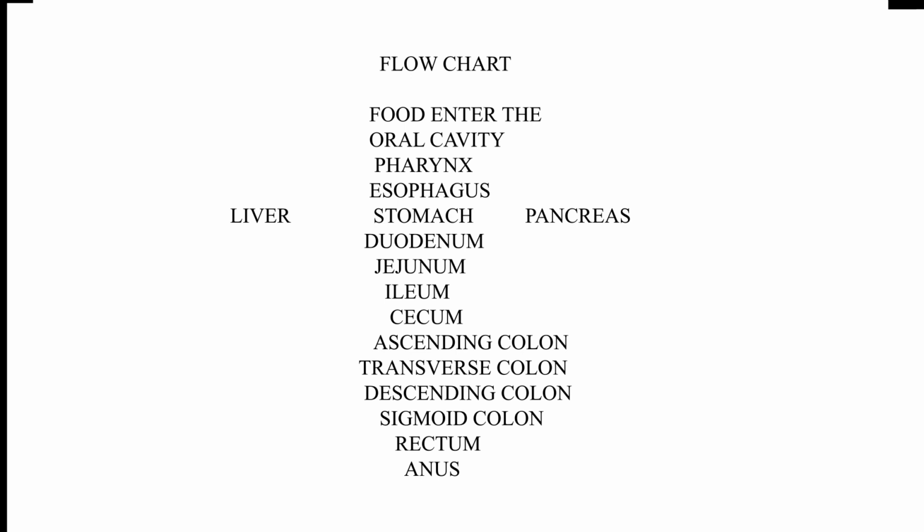From there, it enters the esophagus, stomach, and duodenum, where at the duodenum, the liver and gallbladder release bile, and the pancreas releases pancreatic juice, and then the food enters the jejunum, ileum, and from there it enters the large intestine, the cecum, colon, sigmoid colon, rectum, anus, and the feces leave the body.